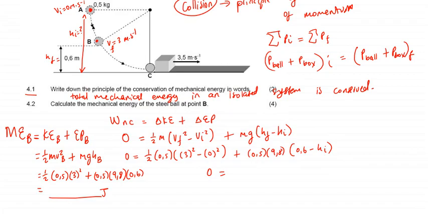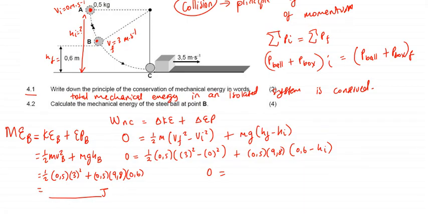It's just a matter of you putting that in your calculator. Have half times 0.5 times 3 squared minus 0, and then plus 0.5. Oh yeah, just want that part.